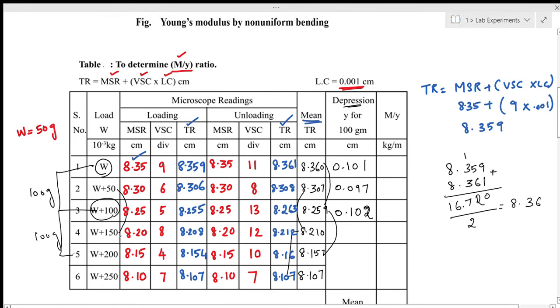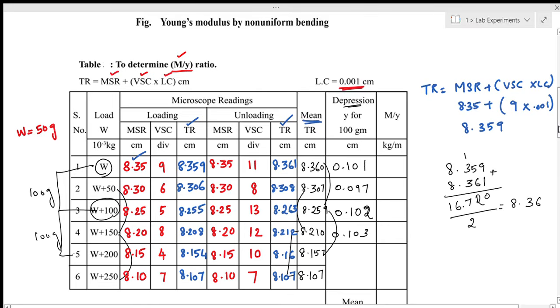Same way from 150 to 250, that is 8.210 minus 8.107, so it is 0.103. So I'm checking it out, 8.210 minus 8.107 is 0.103. Now these are the depressions made for 100 grams.